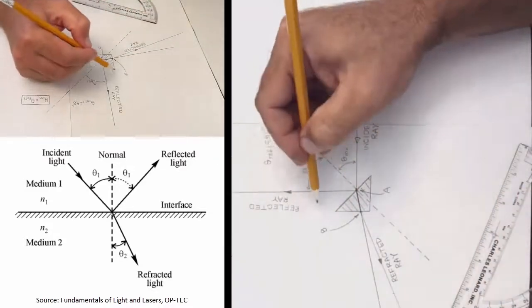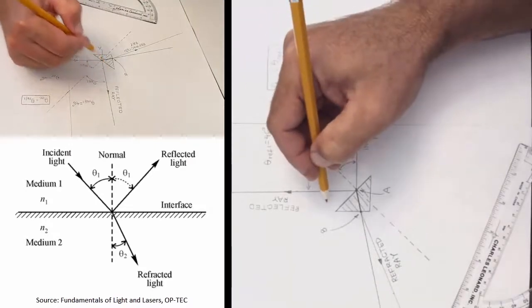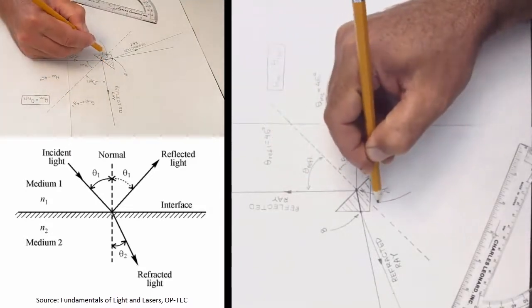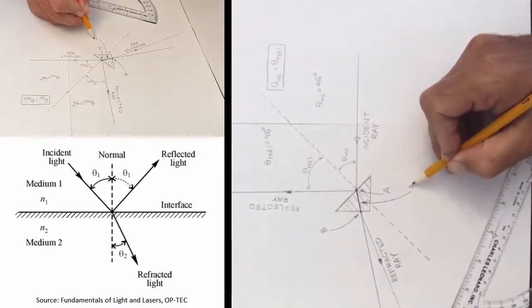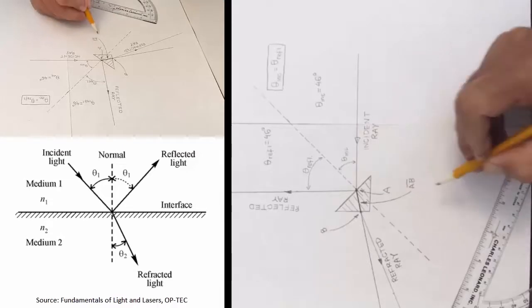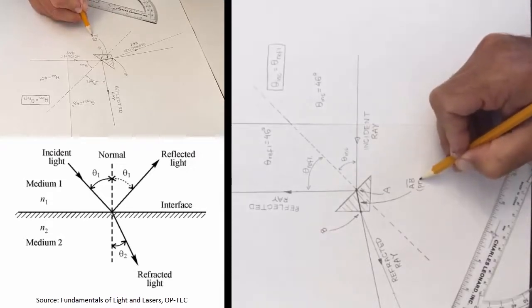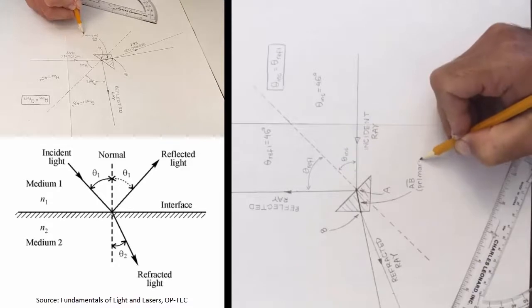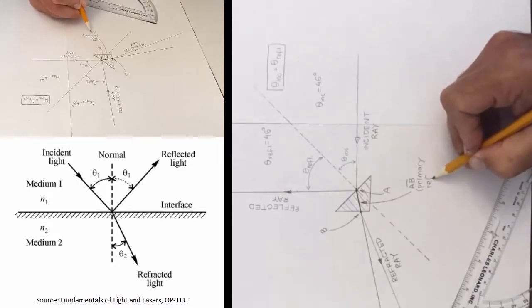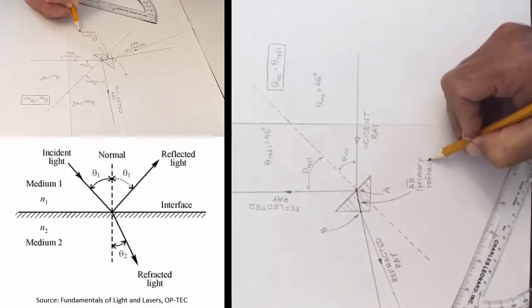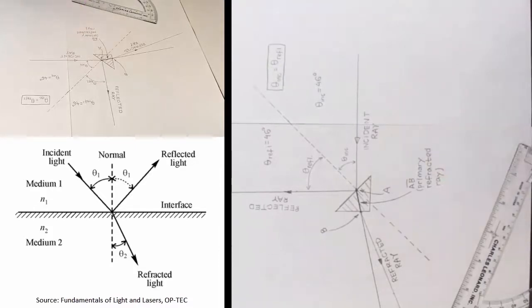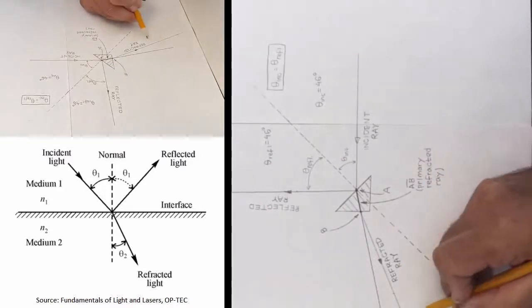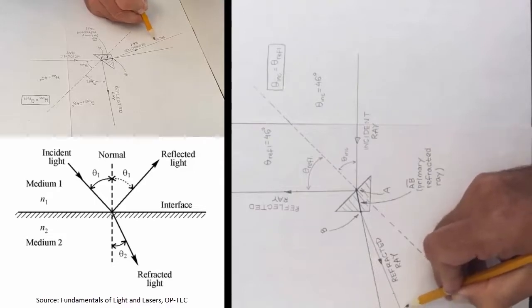So once more, I'm also going to label this short stretch here. I'm going to call it A, B. I'm going to call this primary refracted ray, and I'm going to add the word secondary in front of my previous label.